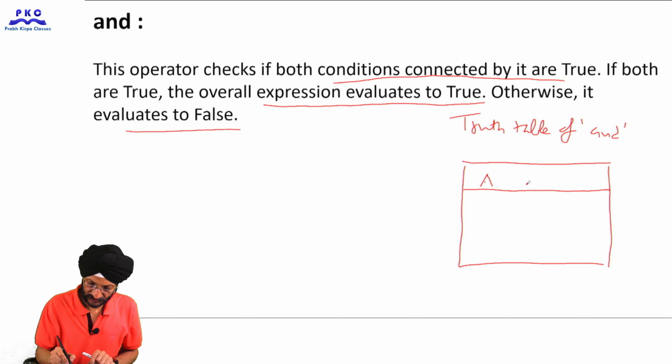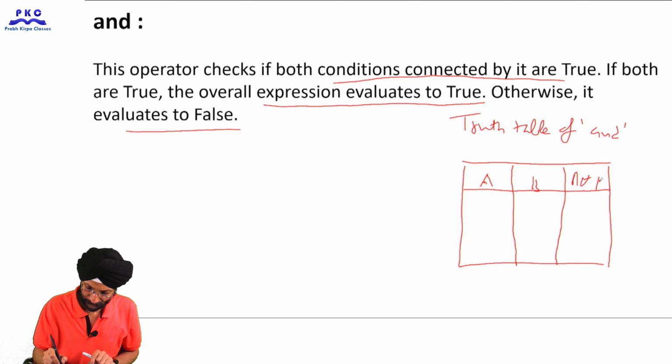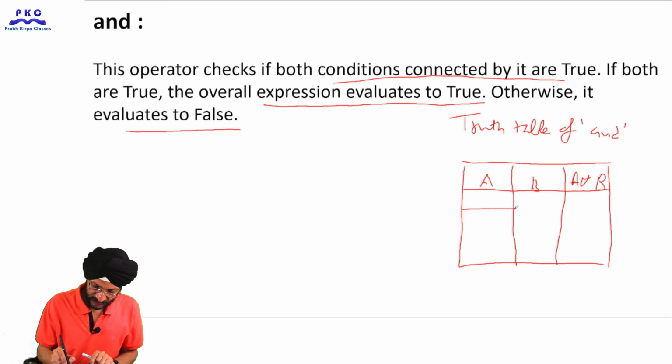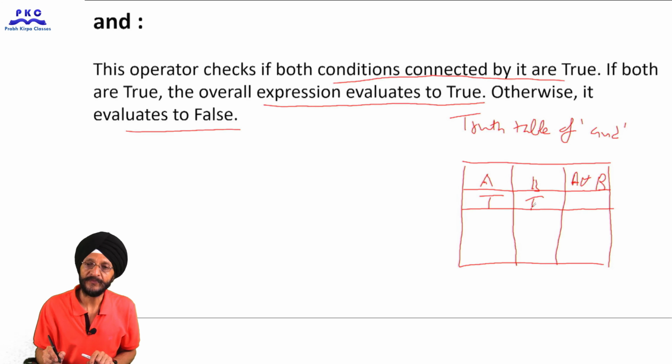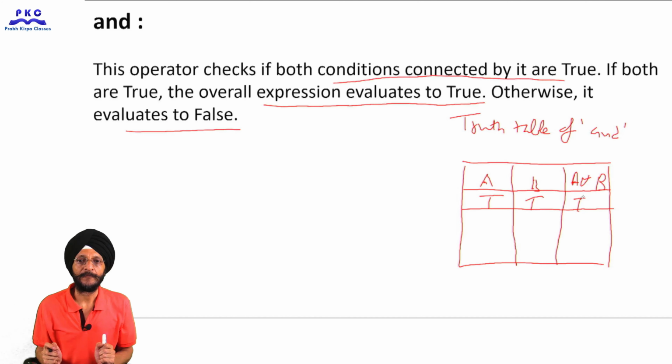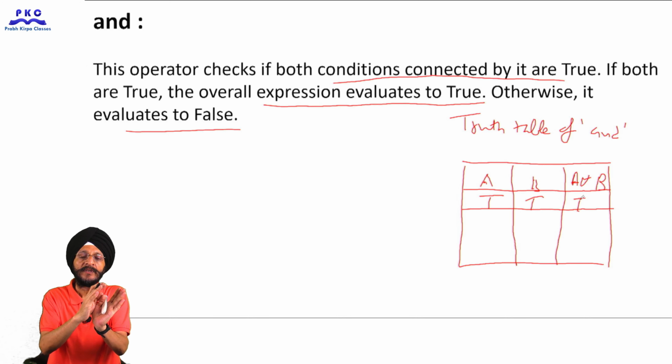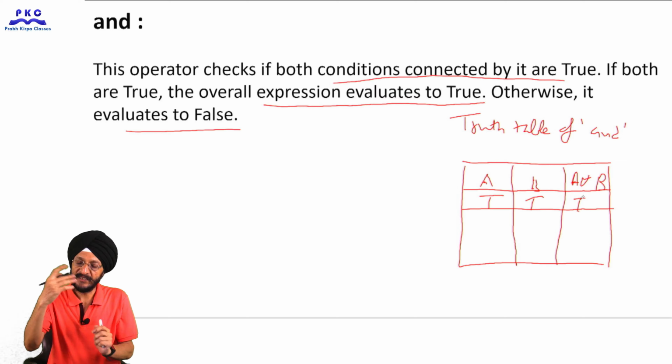This is the condition A, this is B, and we use the operator AND, A and B. If both the conditions are true, the result will be true. In all other cases, if any of the conditions is false, the result will be false.